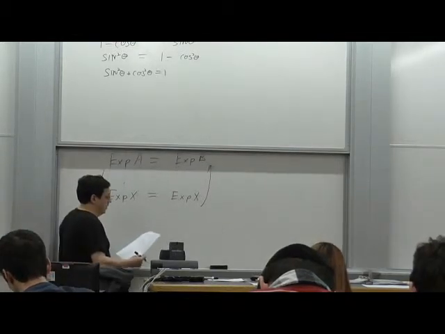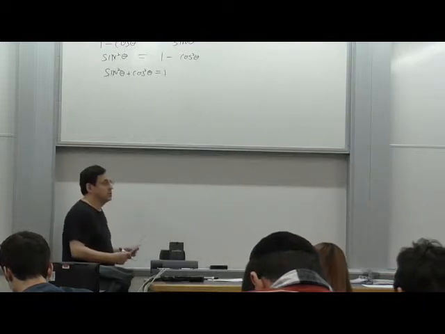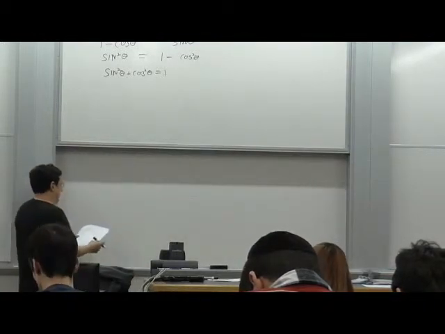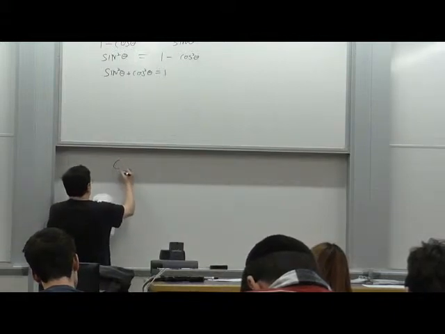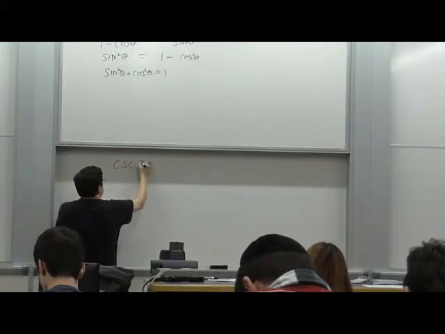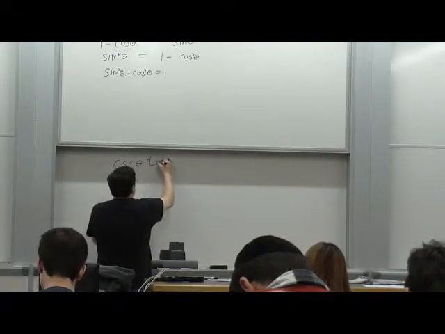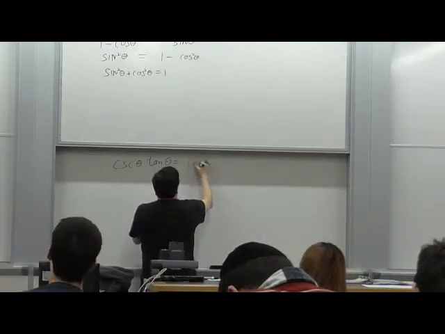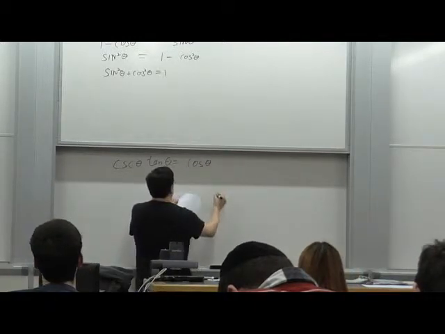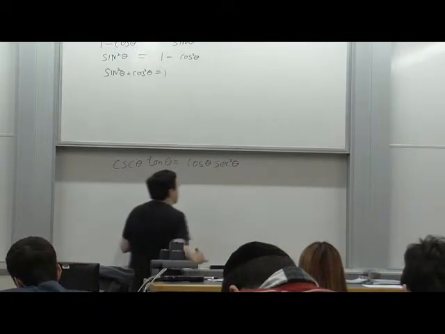So let me give you an example of how we want you to verify an identity. I'm going to start with this one. Cosecant theta tangent theta equals cosine theta secant squared theta.